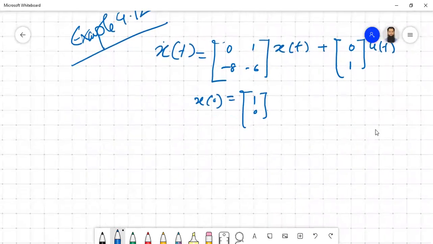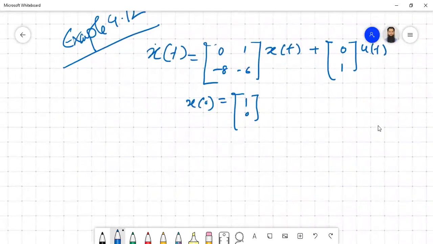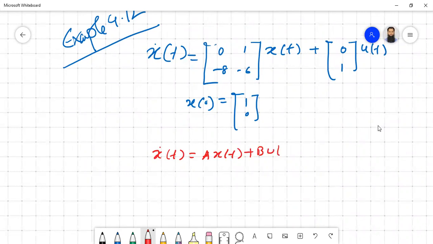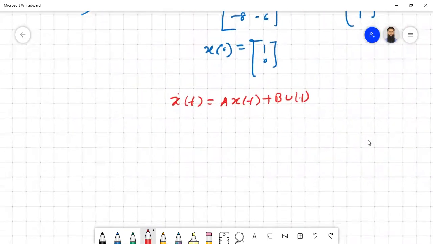So let us start. We know that x dot(t) equal to A x(t) plus B u(t). First of all, let us find the poles of the system.